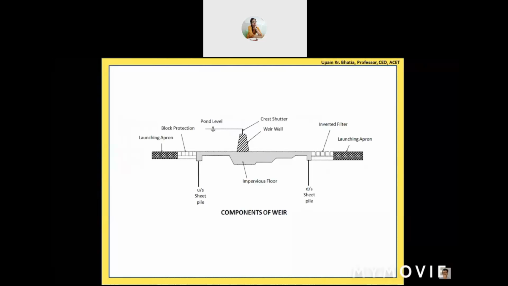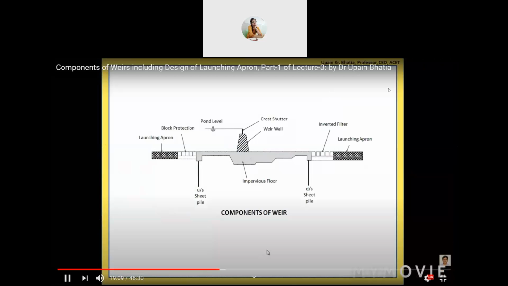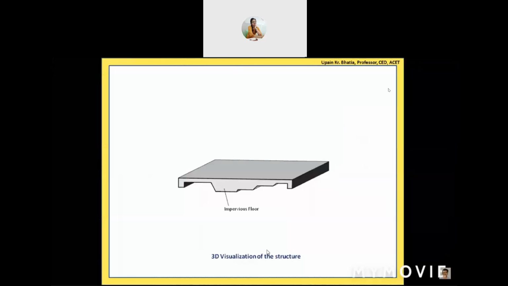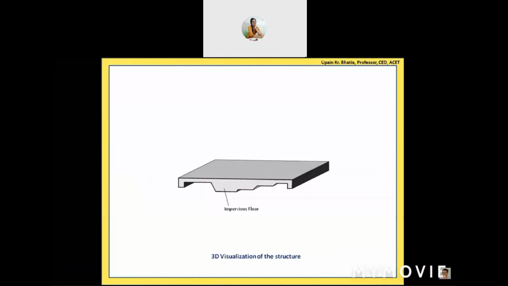Let us move on to the next slide that will make it more clear about this structure also, because we are going to see the entire structure of the components of the weir in a 3-dimensional diagram. So this is the 3-dimensional visualization of this structure. What that previous concrete floor or the impervious floor looks like is this. So on the riverbed, first of all, we provide this type of floor.